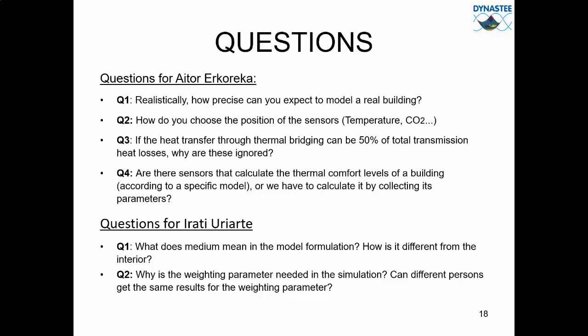But you can read also about the coheating method, where they are able to make some precise experiments to get the heat loss coefficients of real buildings when they are unoccupied. Yeah, and they try to be at about 10% of uncertainty of the estimated parameters. Then about question 2, how do you choose the position of the sensors, temperature, CO2?